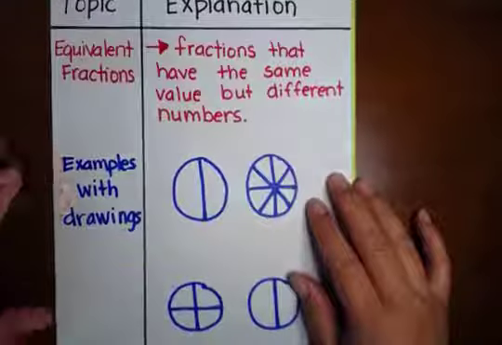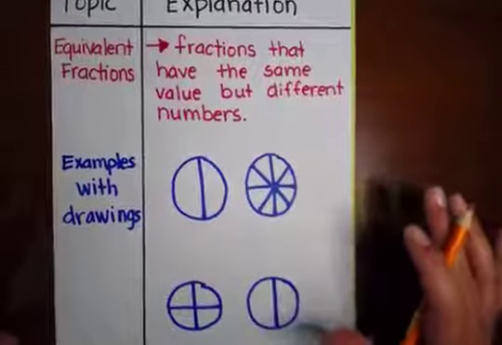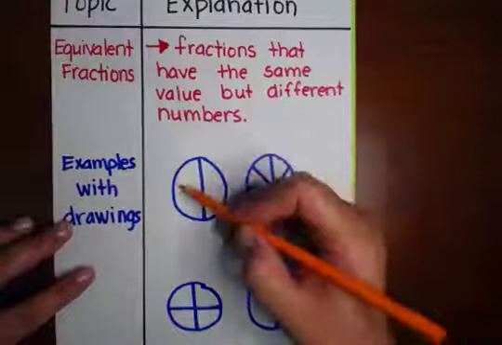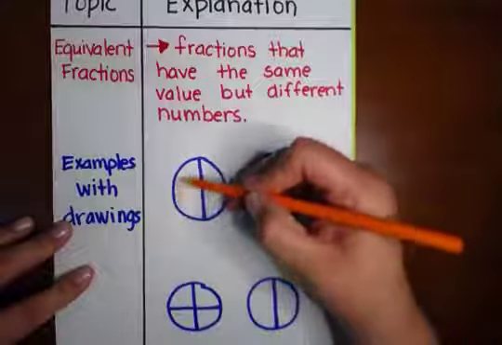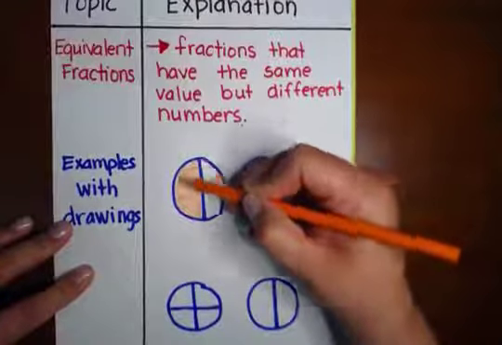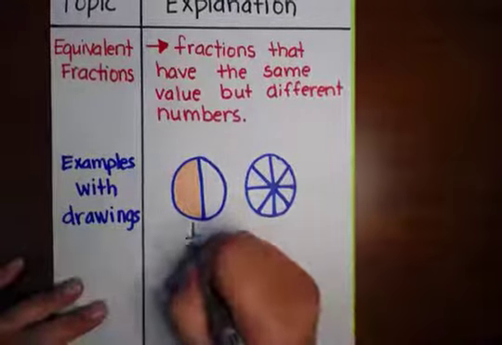All right, so I'm going to give you an example of two equivalent fractions using these drawings that I made. So if I take this shape right here and I color or shade in one side of it, the fraction that is being represented here is 1/2.